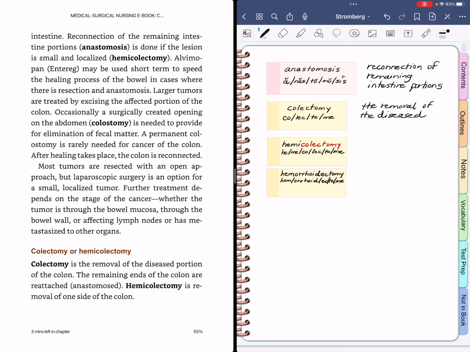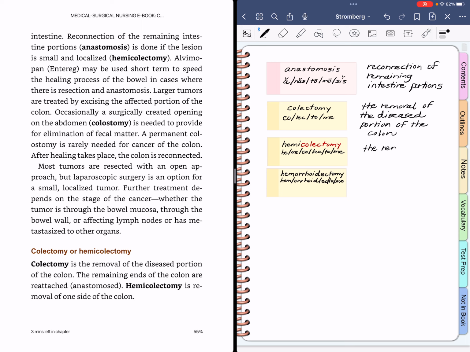So they're giving me the definition right there. And then it says the remaining ends of the colon are reattached. That's that word that we just saw, anastomosis. And then here comes hemicolectomy, is the removal of one side of the colon.